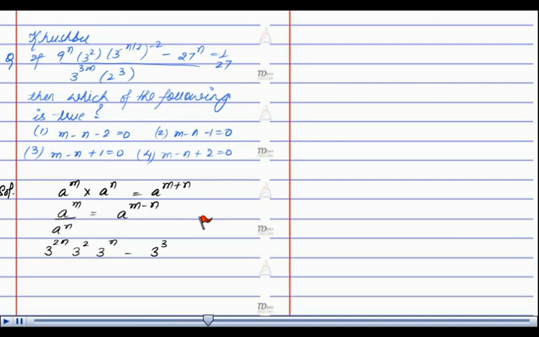So it gives 3 to the power 3n divided by 3 to the power 3m into 2 cube, that's equal to 1 by 27.